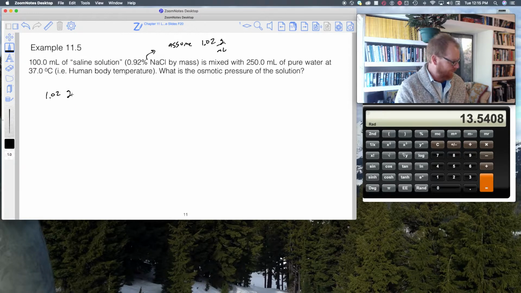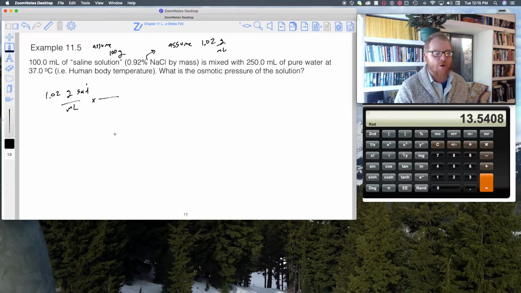So I'm going to start by saying 1.02 grams of the solution per milliliter. And I'm going to do the trick where I also assume that I have 100 grams.